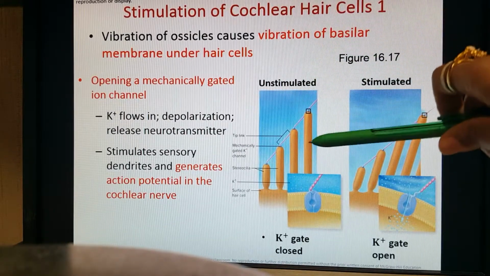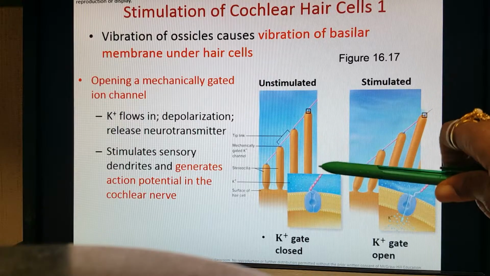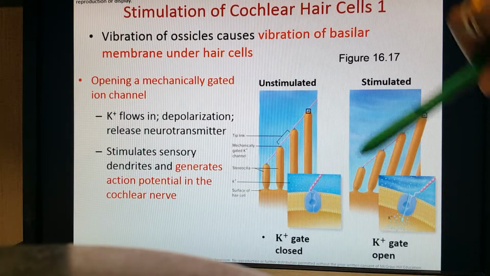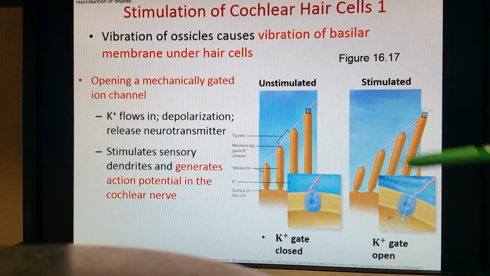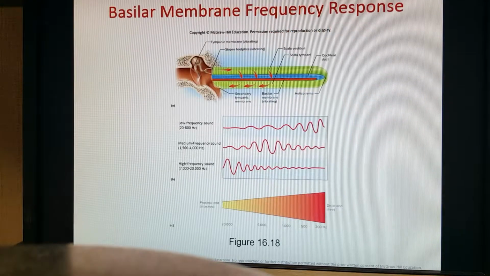Because the hairs on those hair cells are embedded in the tectorial membrane, the hair cells are pulled. When they are moved, it helps to stimulate them. Instead of sodium coming into the cell, in this case it's potassium that is moving into the cell in order to cause the action potential for that hair cell.